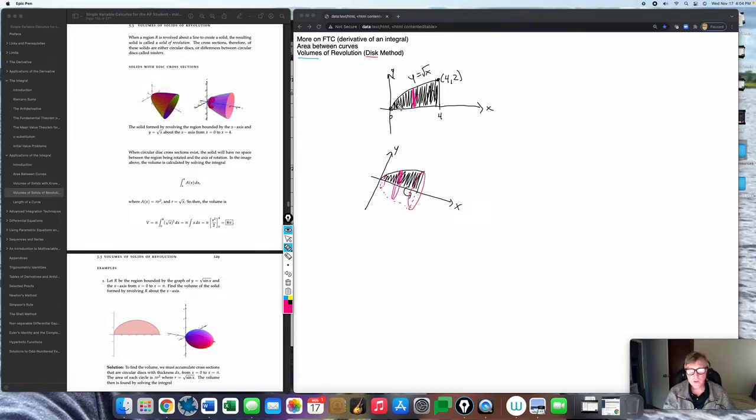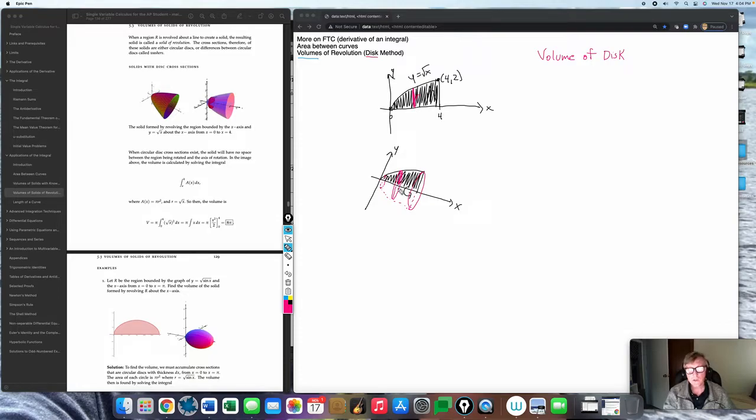And instead of doing Riemann sums, instead of tabulating rectangles, we're going to tabulate these solid circular disks. So let's find out how to find the volume of a disk. Now we knew how to find the area of a rectangle, right? That was dx times f of x. So f of x is the height of the rectangle, and the delta x is the width.